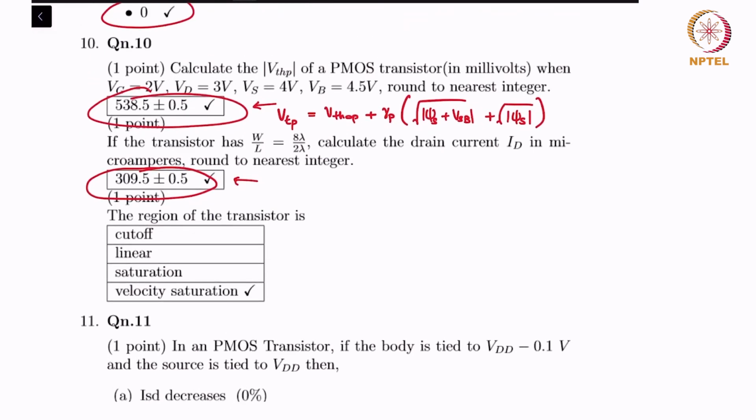And of course the VDSAT P is such that the VDS is such that the transistor will come out to be in velocity saturation.